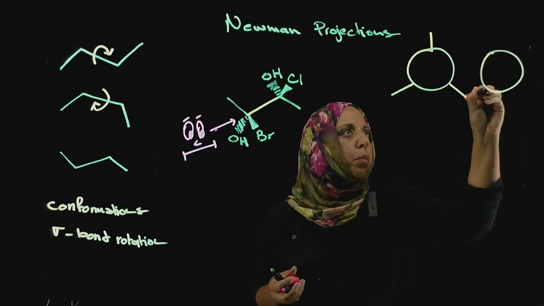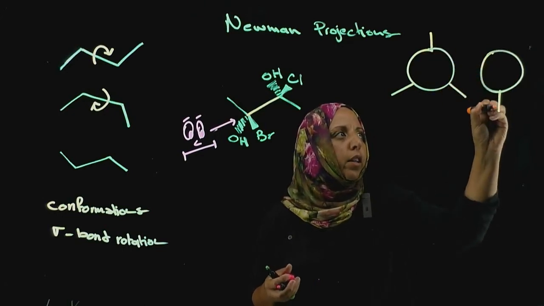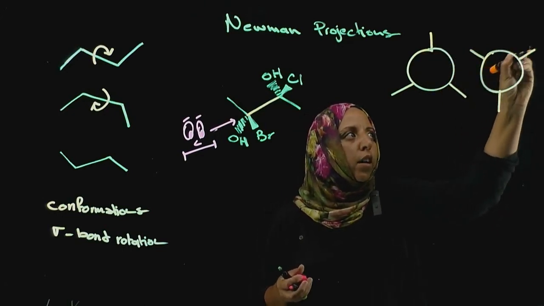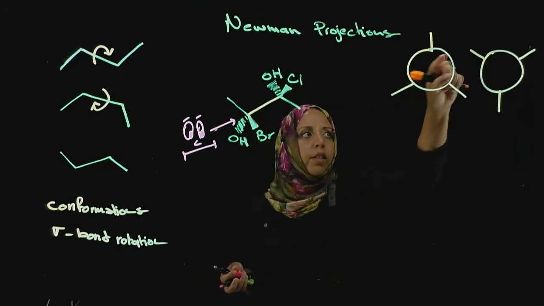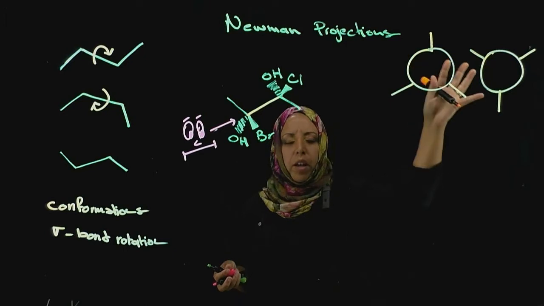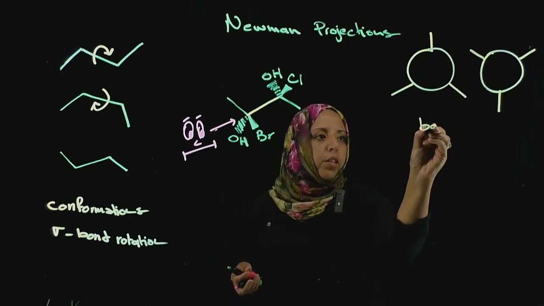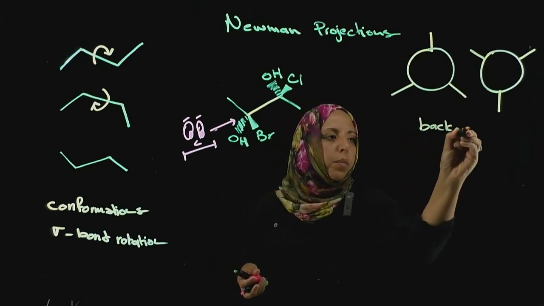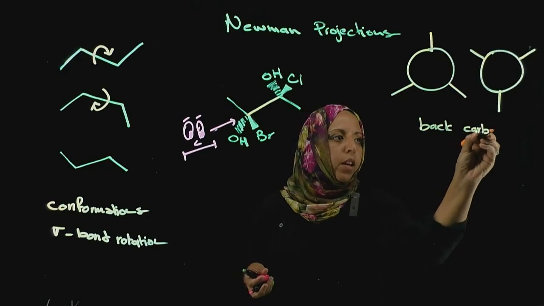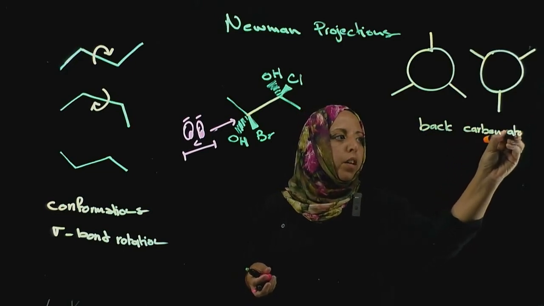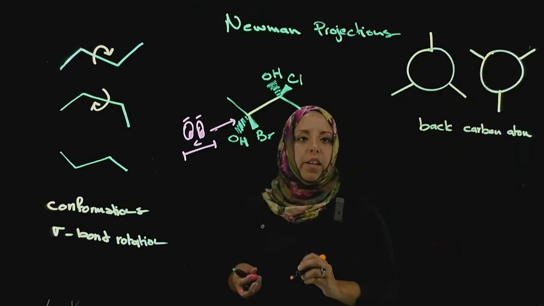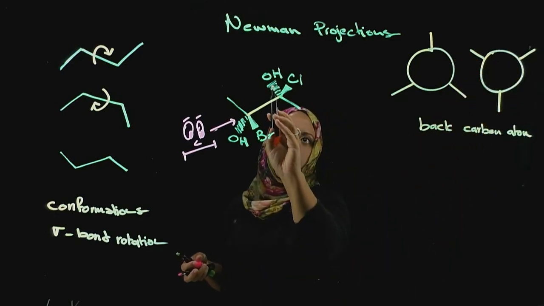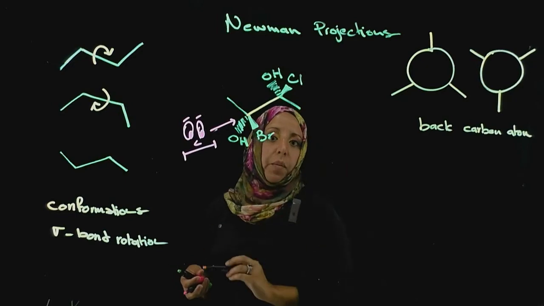It could also be where this group is pointing downwards instead, and it looks like that. Or it could be anything in between. This is like a 180-degree rotation, but it could be anything in between as well. This is our back carbon atom, and those are the three different groups attached to it. So if this is our back carbon, we have an alcohol, a chlorine, and a methyl group.